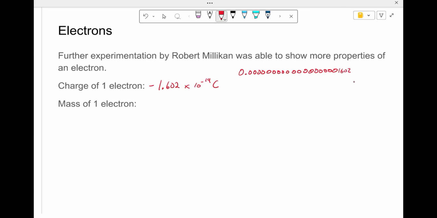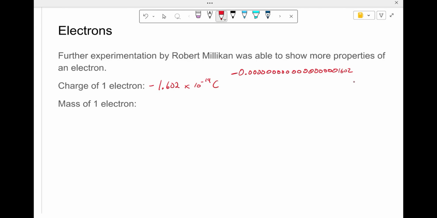So that's the charge of an electron. Now we'll talk about scientific notation in a few chapters, but just to demonstrate how small of a charge that is.